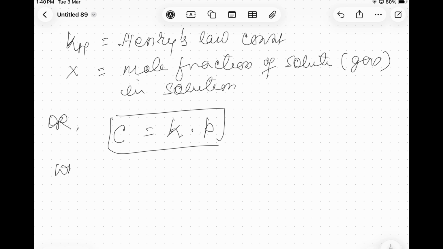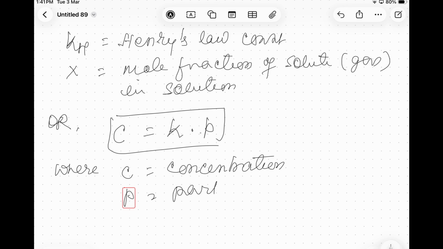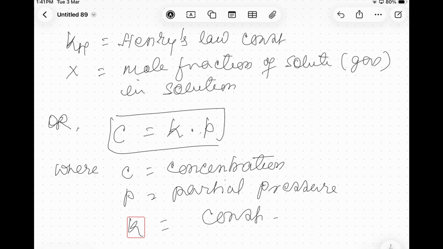Here C is concentration, P is partial pressure, and K is constant, that is Henry constant.